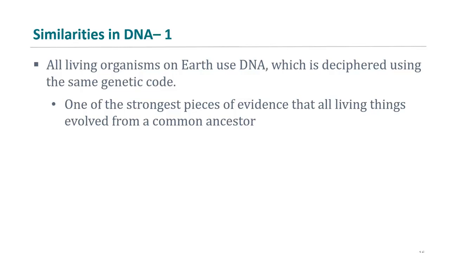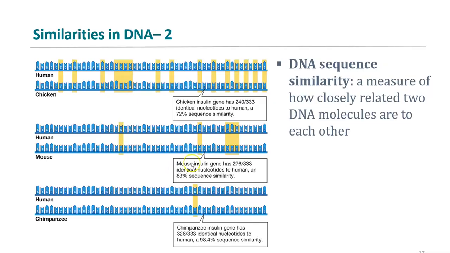We saw all the codons and the amino acids that they code for. All that's the same for all living things. So this is, as it says, one of the strongest pieces of evidence that all living things evolved from a common ancestor.